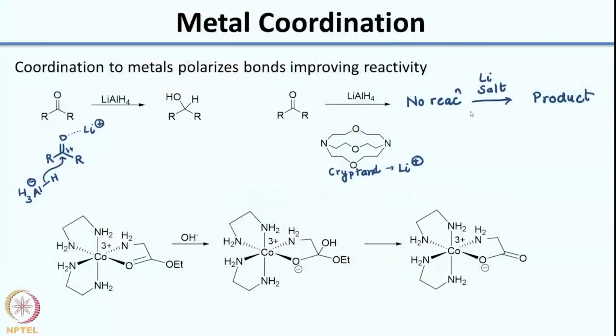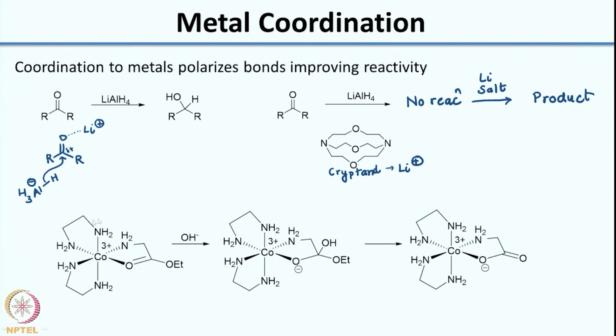I will show you some other examples of how metal coordination polarizes a bond. So, shown here you have a complex of cobalt with ethylene diamine. So, this is something you have studied in 12th standard also, the complex is of ethylene diamine with cobalt.